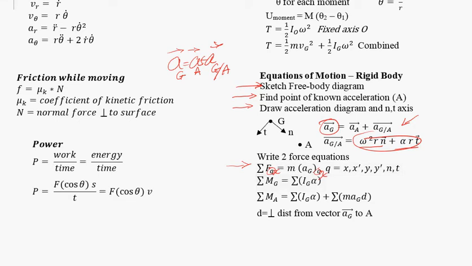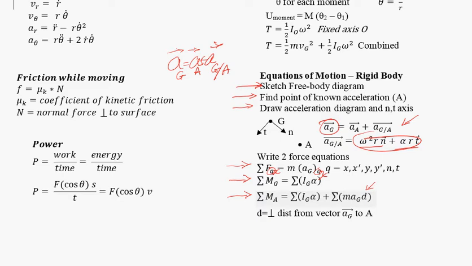And then you need to sum the moments. You can choose whether you want to sum the moments about G and get I about G alpha, or sum the moments about A, where you have to have a correction factor. This correction factor works just like a moment, clockwise and counterclockwise.